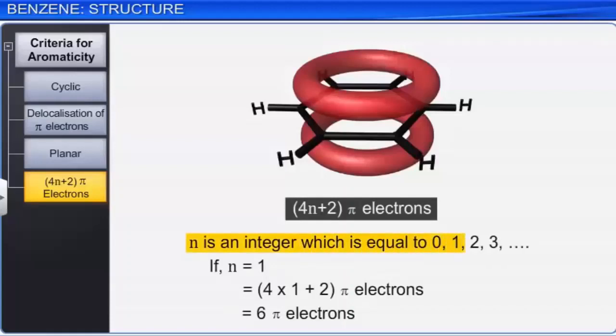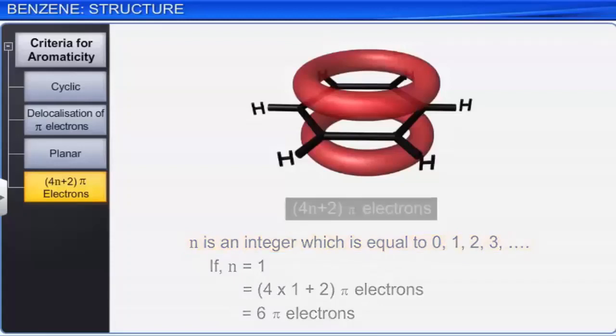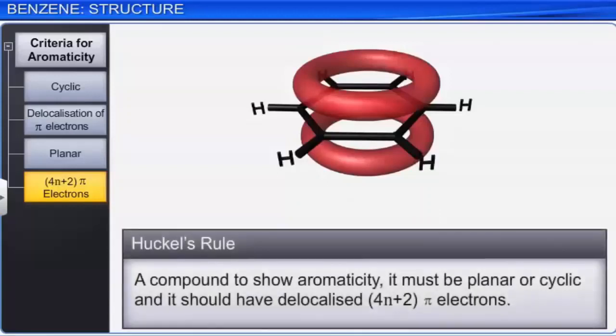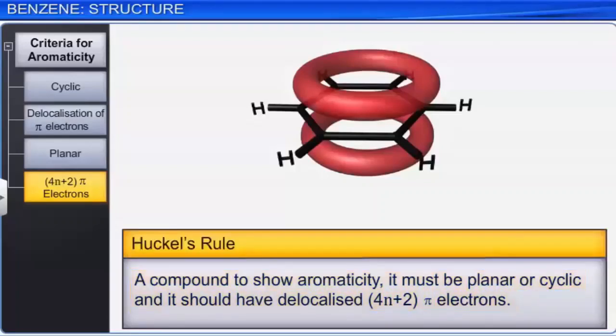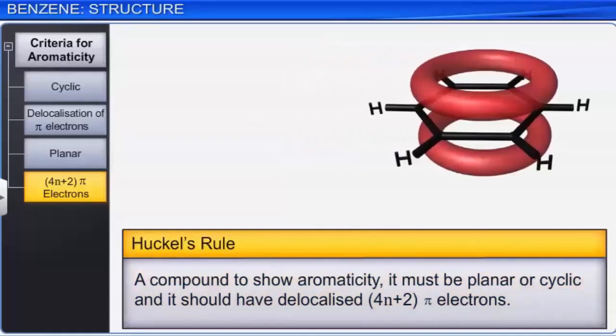This means, for a compound to show aromaticity, it must be planar or cyclic, and it should have delocalized 4n plus 2 pi electrons. This is known as Huckel's rule. Thus, according to Huckel's rule, the aromatic compounds should have a delocalized electron cloud of pi electrons, such as 2, 6, 10, 14 electrons.